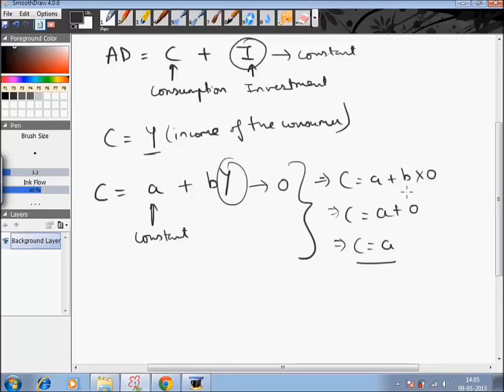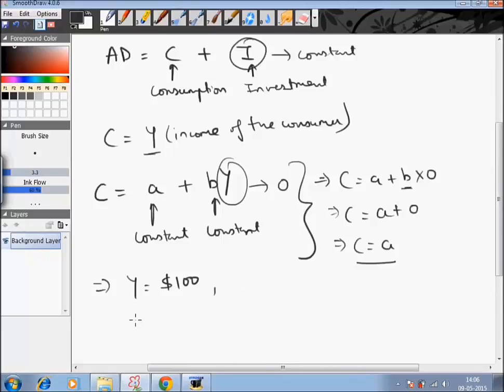Fine. Now, what about B? B is a constant that denotes a part of income which is spent on the consumer goods. I again repeat, B is a constant which denotes a percentage or a part of income which is spent on the consumer goods. For suppose my income is $100 and I am spending $10 out of this income on consumer goods.